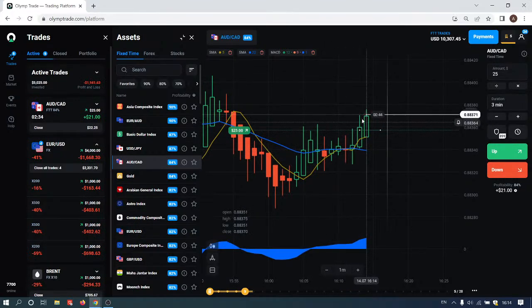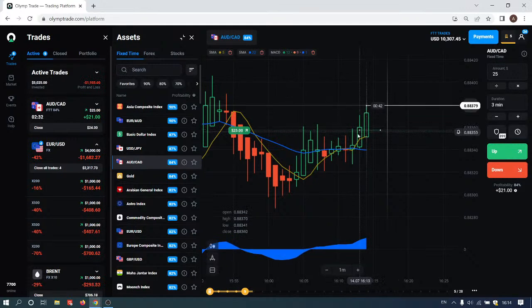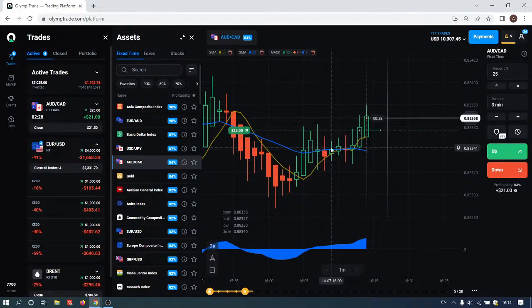The Heikinashi color currently is green, or the green color is prevailing right now, and we also have the MACD above the zero line. So that's another signal for an up trade, right?